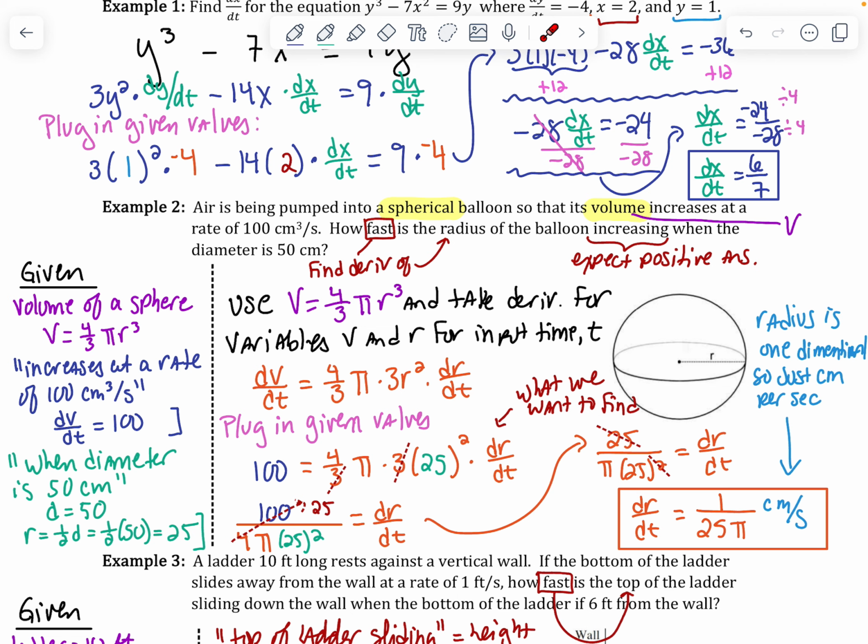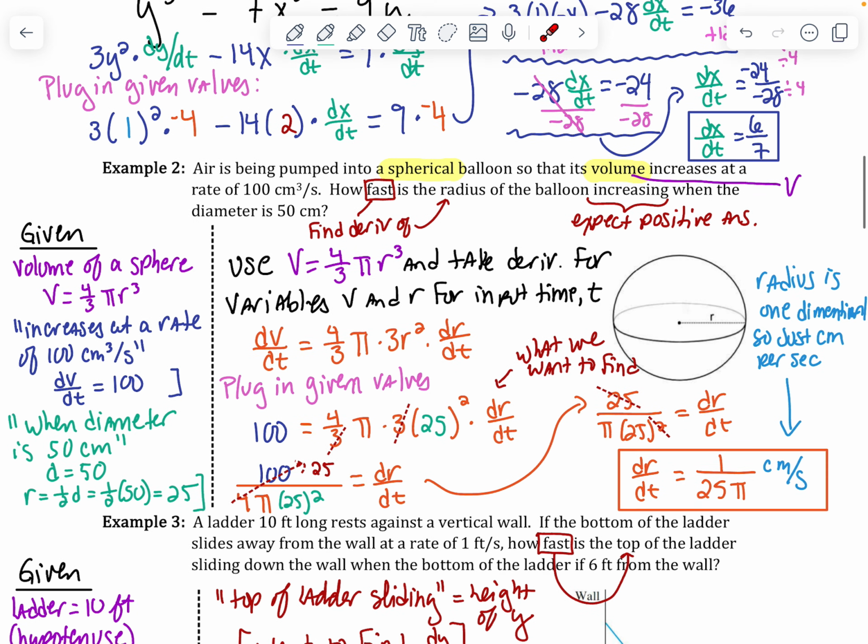So we said we're taking the volume of a sphere, and I'm going to take the derivative for all of the variables. Remember that just V and r are the variables of this function. Pi is technically a constant. We're taking derivatives with respect to time because the balloon is blowing up over time or being pumped with air.